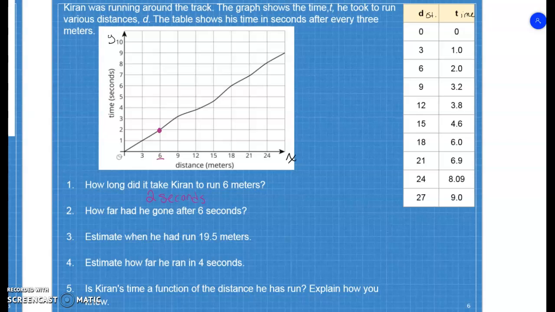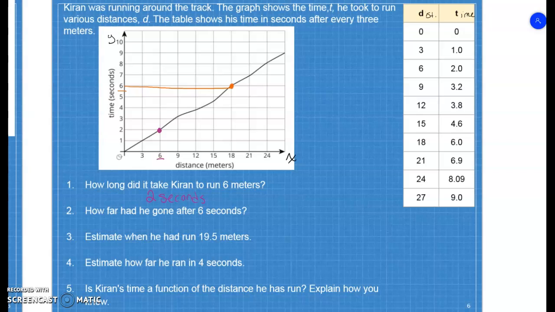How far had he gone after 6 seconds? So now, instead of looking on the x-axis, what I'm going to do is look on the y-axis here. At 6 seconds is what I need to find. So if I go straight over, boom, I'm going to hit 6 seconds.